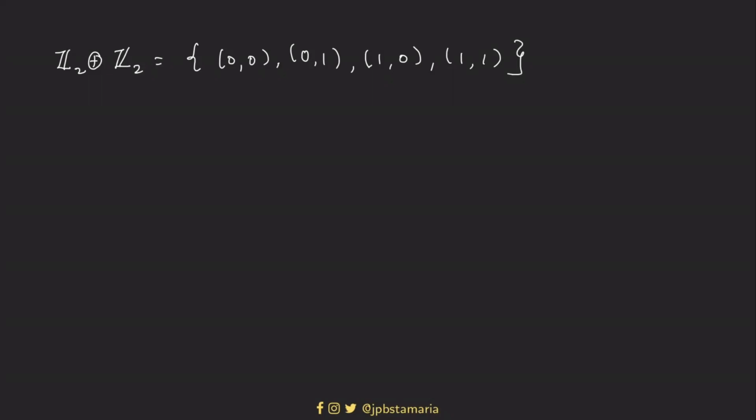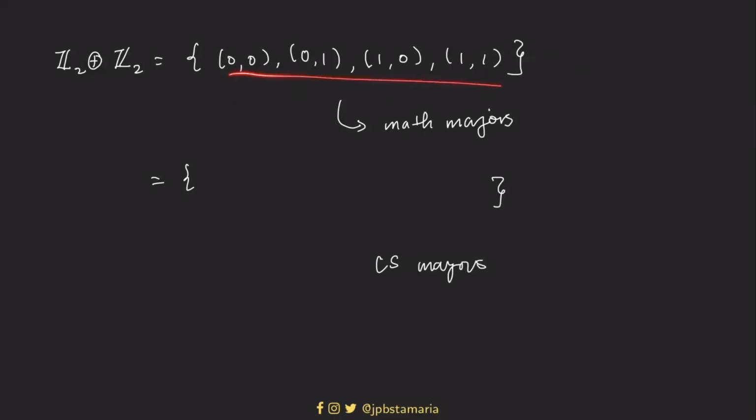Pag math majors, kanya natin sinusulat yan. Okay? Pero kapag ikaw ay comsci major, hindi mo sinusulat ng ganyan yan. The way comsci students write these things are as follows: 0, 0, 0, 1. Tamad yung mga yun eh. In fact, convenient talaga yan.